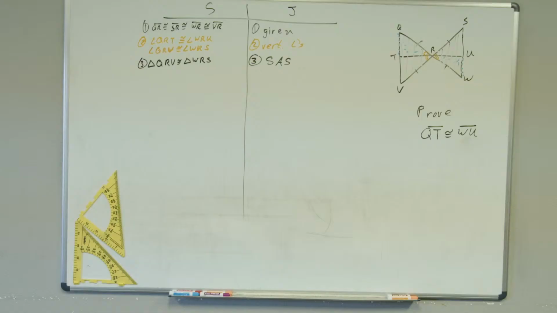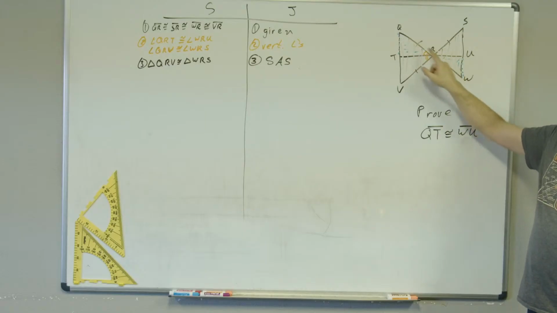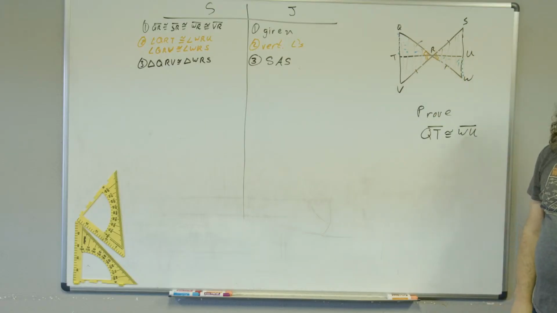What? R has got all kinds of stuff going on. What is something that is unique in each one of these? These are the blue triangles. This one and this one. There's an angle in there that we can now say is congruent.